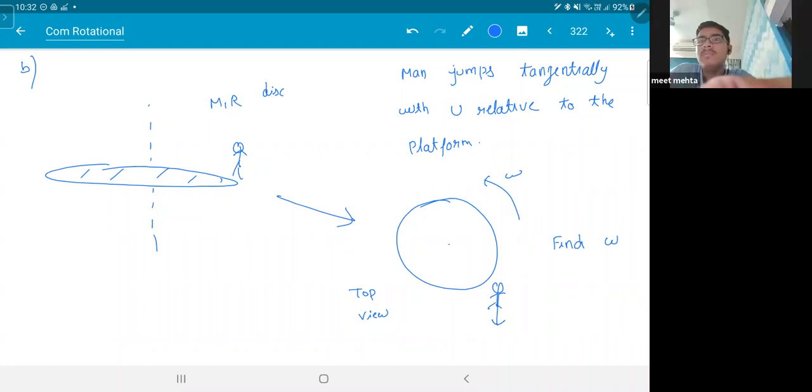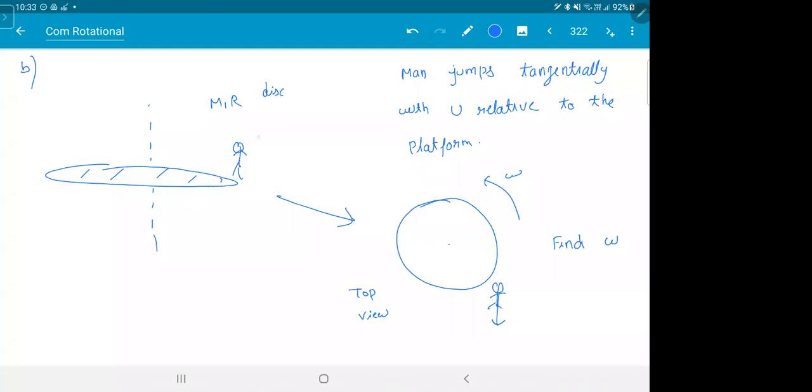So do we need the mass of the man in this question? Yeah, small m.